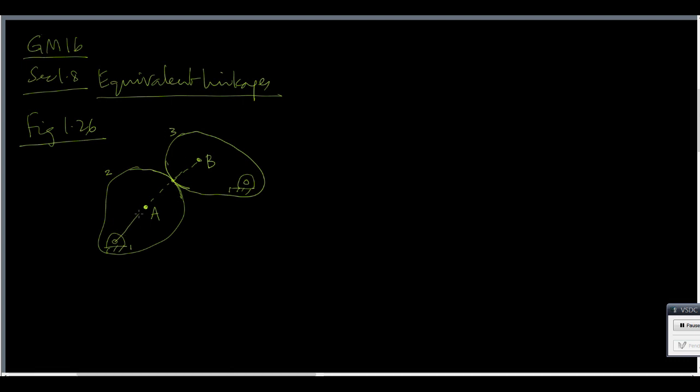So we'll put a link here. Then we have another link from here to here. Then we have another link from here to here. The claim is that this one is equivalent.